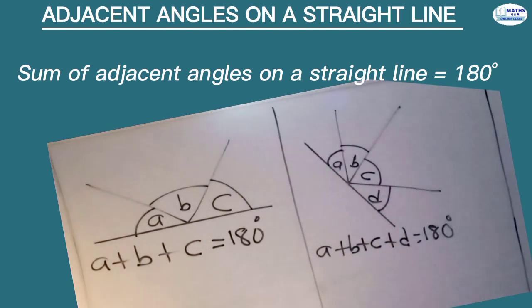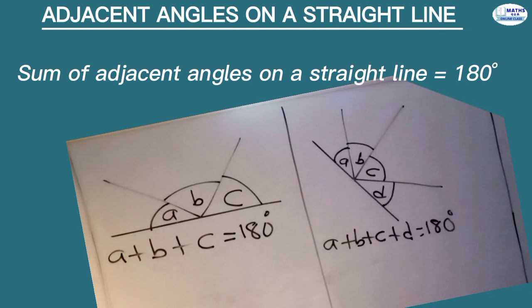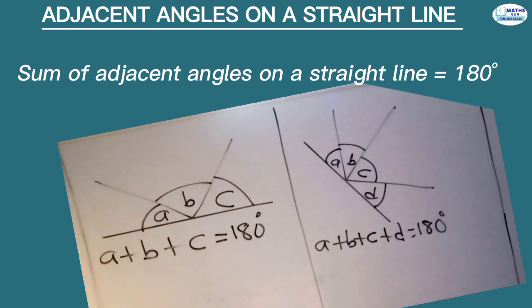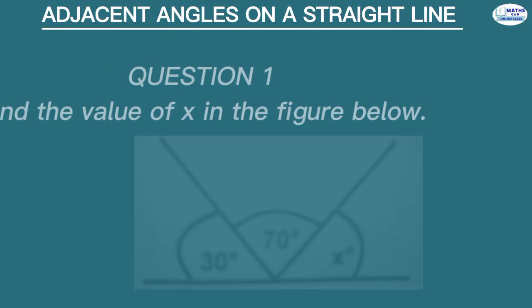I hope you get me. So all angles that are formed on a straight line are equated to what? 180 degrees when we find their sum. Now that you've understood this, let's use this idea to solve some exemplary questions.